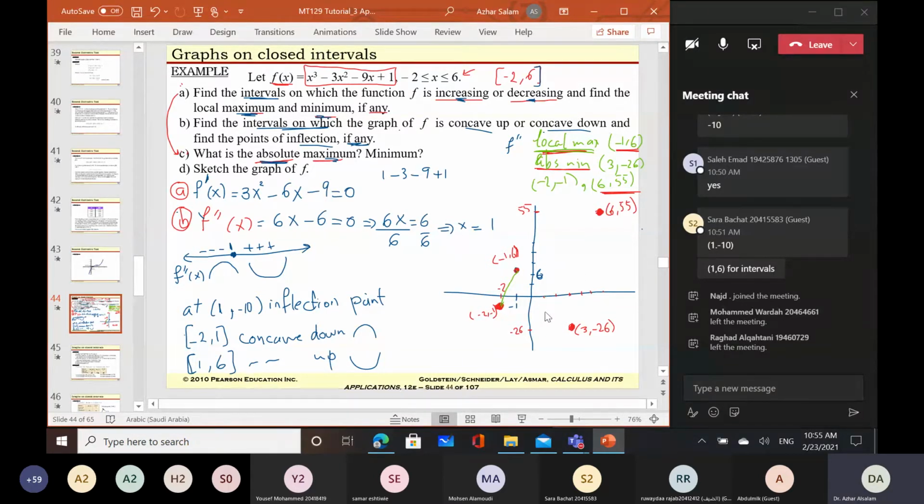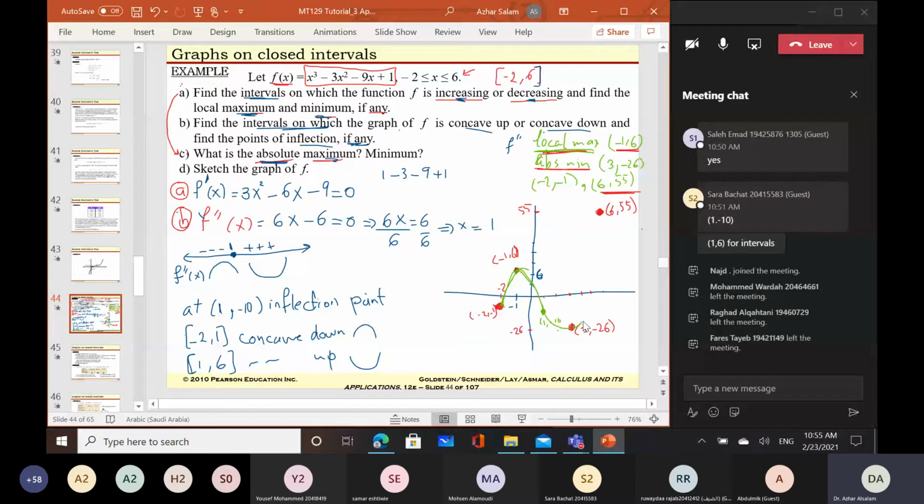This is 1 and somewhere here is minus 10. This is an inflection point. So until here it will be concave down. Now I only change the concavity to up. After the inflection point, I only change the concavity to concave up. I stop the decreasing here, and start to increase like that until this point. I stop here since I have a closed interval.